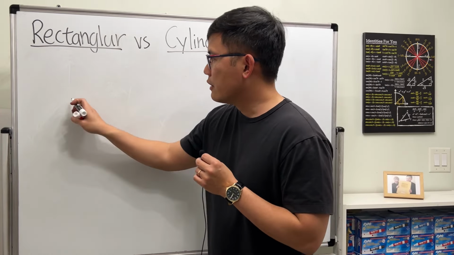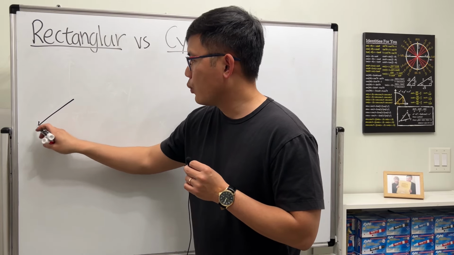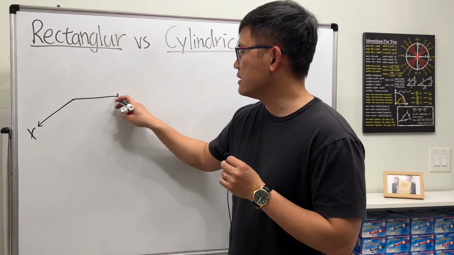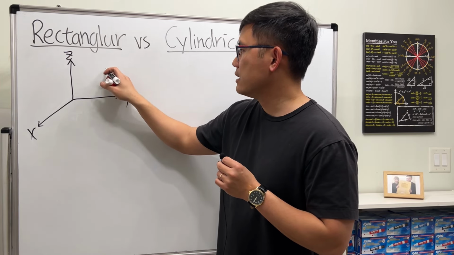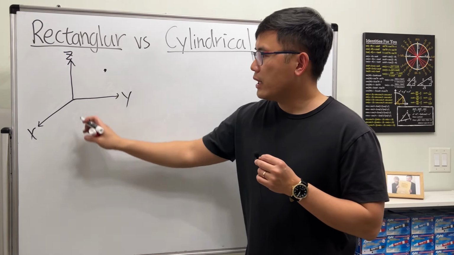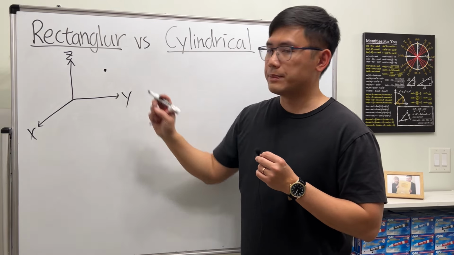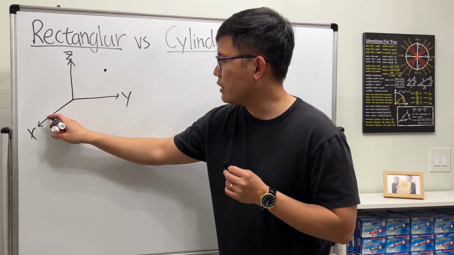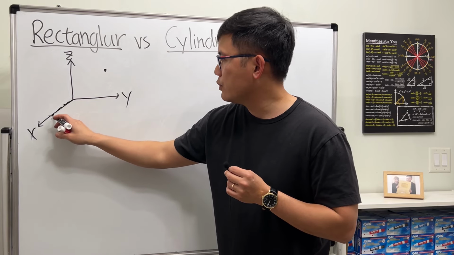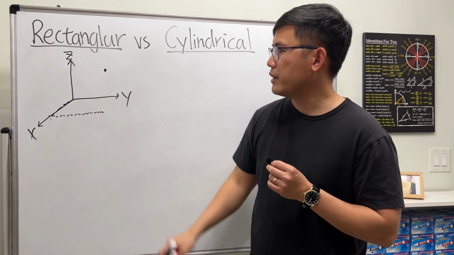For rectangular, first we start with the x, y, z axes. And let's say we have a point in space somewhere here. We are going to talk about how to go from the origin to this point. First, we move in the x direction, let's say somewhere here. And then we move in the y direction, let's say somewhere here.